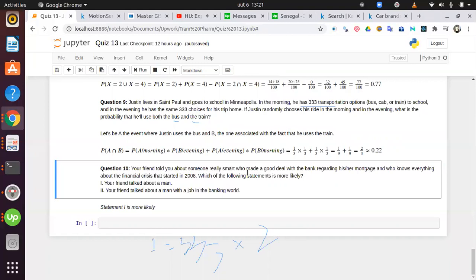Okay, so bus, cab, train. So is it 3? So each time he has the choice of 3. We can only go by bus or by cab or by train. So in the morning it is 3, right? In the evening, it's the same.